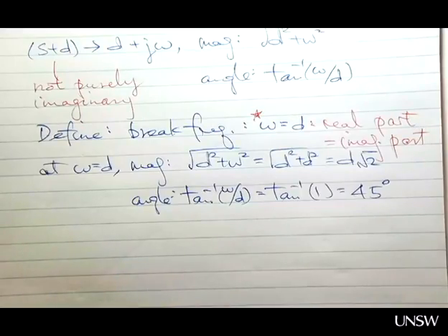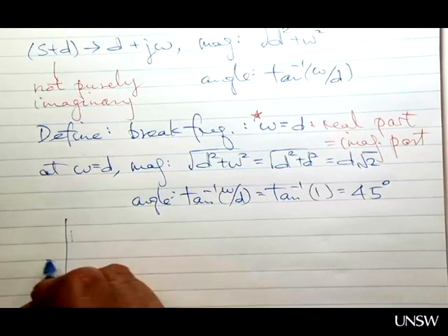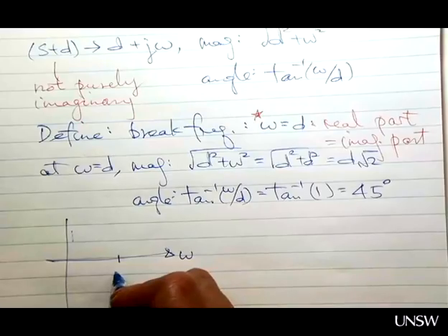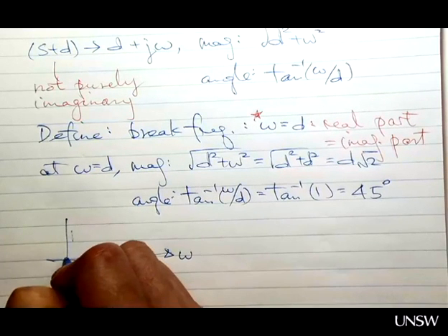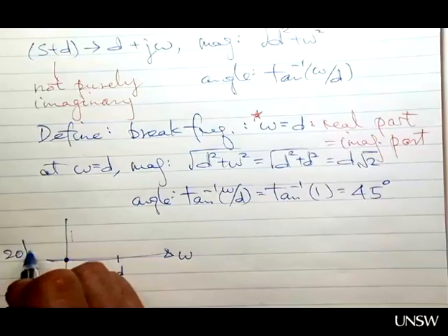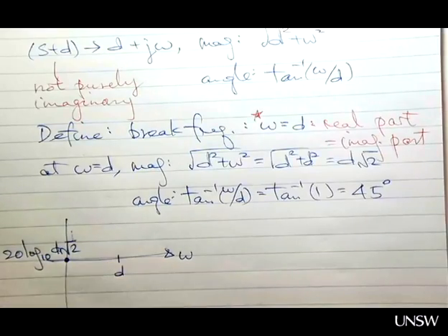So for the magnitude, here omega equals d, this point, and then the magnitude is 20 log 10 of d root 2. Depending on the value of d, we have different values.